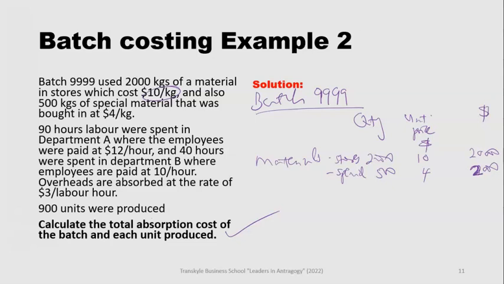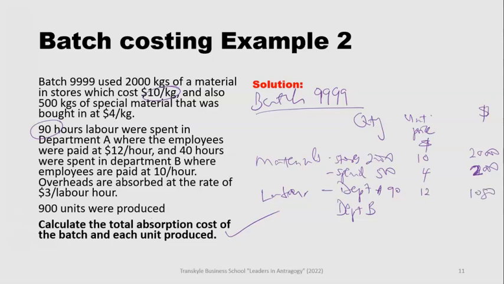Then let's move on to the labor components. We've got department A and department B. Department A requires 90 hours. The employees will be paid $12 per hour, so it's 90 multiplied by 12.